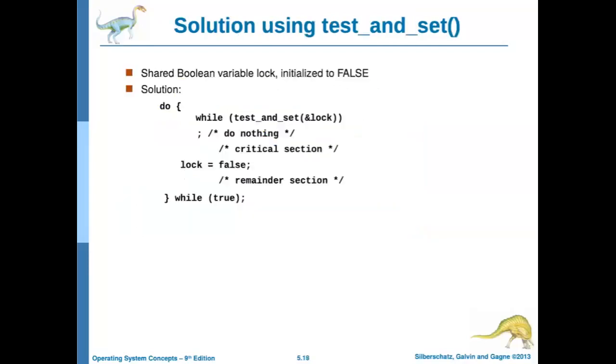Now by using it, it is something like this: while test and set ampersand lock. If it returns true, this while condition becomes true and nothing else happens. That means you have to just wait.